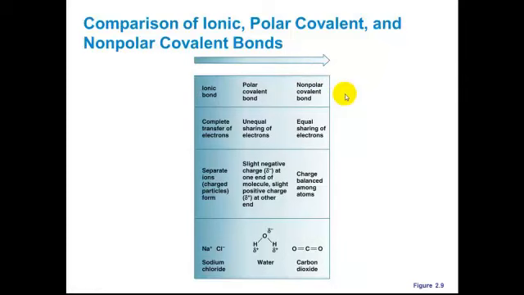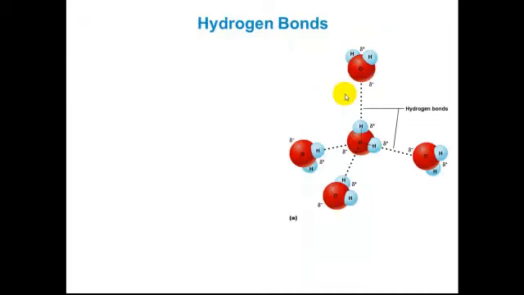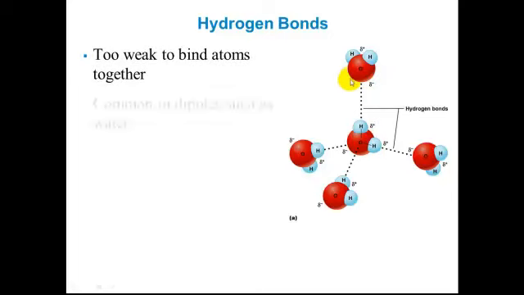All of these bonds, though, occur and create molecules. There are also something separate called hydrogen bonds, and hydrogen bonds is a force of attraction between either 2 different molecules or different regions of the same molecule. These are too weak to actually bind together atoms. However, these are very common in dipoles such as water, so that's what's shown here.